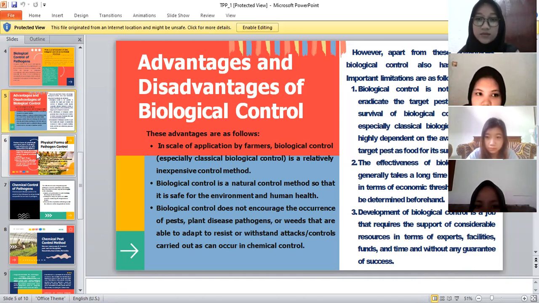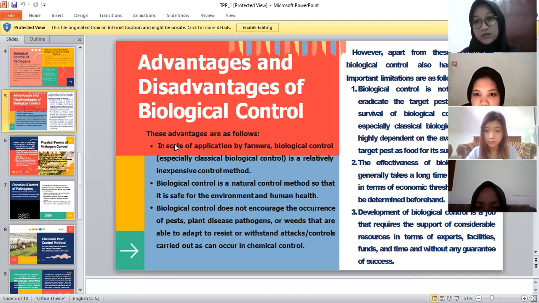However, apart from these advantages, biological control also has limitations. Important limitations are as follows. 1. Biological control is not possible to eradicate target pests because the survival of the biological control agent, especially classical biological control, is highly dependent on the availability of the target pest as food for its survival.